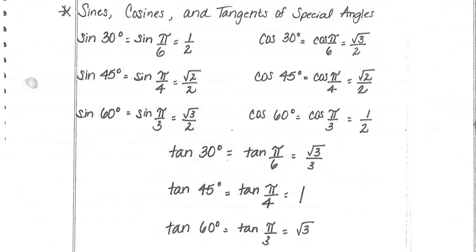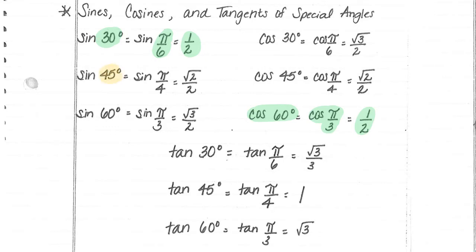So here's some rules of thumb. Notice the sine of 30 is equal to the sine of pi over 6, which is 1/2. I think it's interesting that that is the same thing as the cosine of 60, which is the cosine of pi over 3, which is 1/2. So I'm just kind of highlighting here.